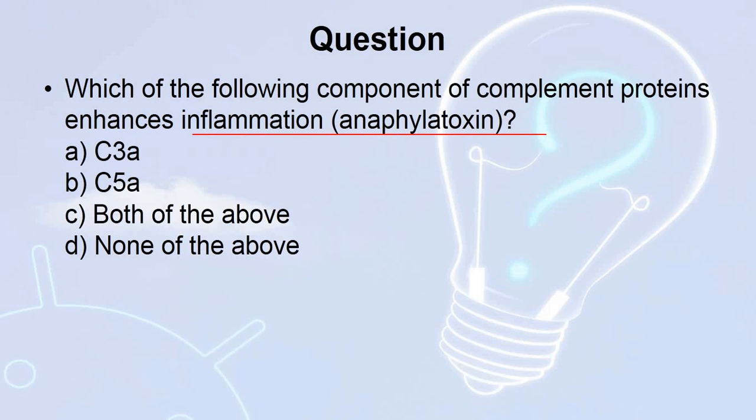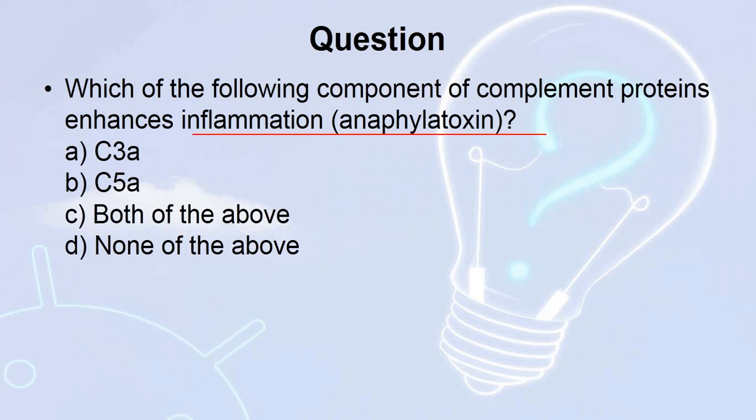Which of the following components of complement proteins enhances inflammation? It can be multiselect. You want to change the answer, you can. Okay, Rihan, Pooja, Purvi, Rekha, Neelam Mangarola, yes.